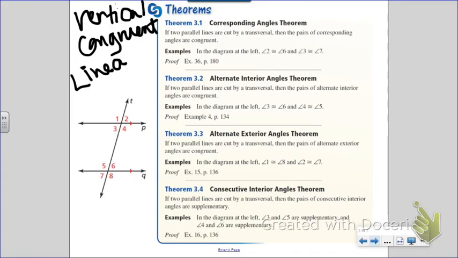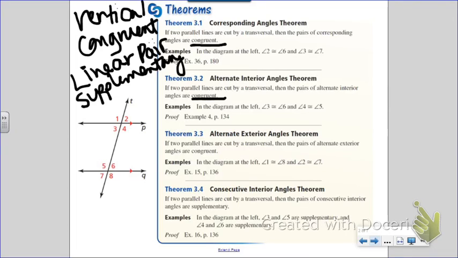Don't forget about using these, which are supplementary. Our other ones: corresponding are congruent, alternate interior are congruent, alternate exterior are congruent angles, and consecutive interior are supplementary angles.